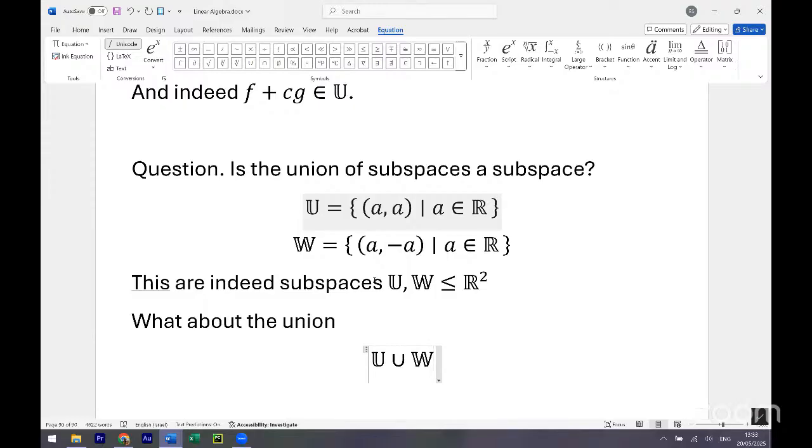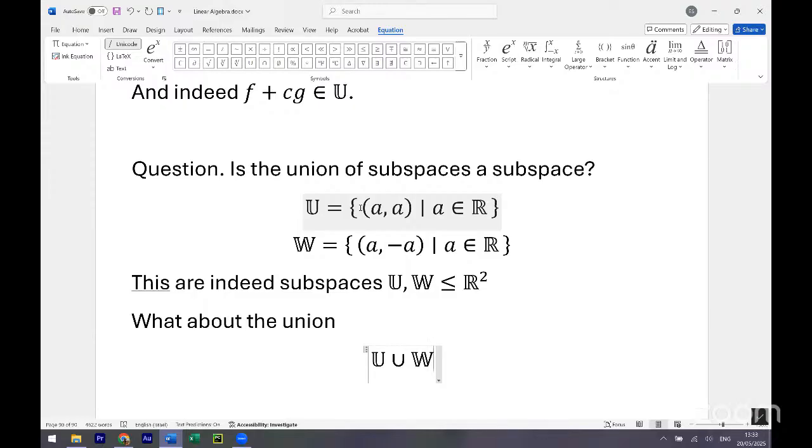So you say (2, 2) does not have a zero within W. But it does have a negative, (-2, -2), which is within U. We don't have to say that the negative is on the other line, it's obviously not there, right? Because every subspace has closure, so it has its negative vector within it. But what is the sum of (2, 2) and (2, -2)? It's (4, 0). And what can you say about (4, 0)? That it's in neither of them.